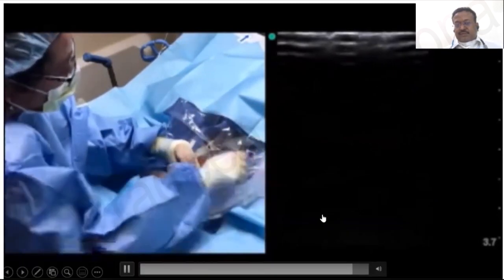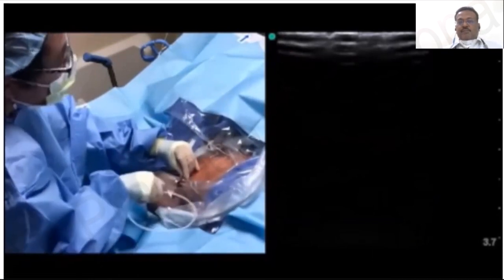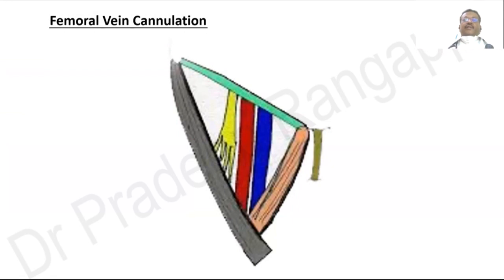You can see the blood coming. So then the procedure, as you saw in the IJV, you'll put a guide wire and then complete the procedure. Okay, so we have finished IJV, subclavian.